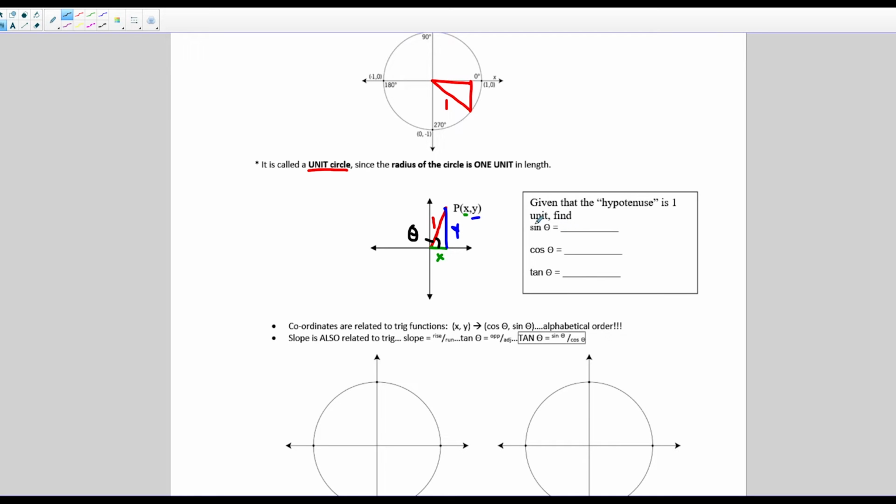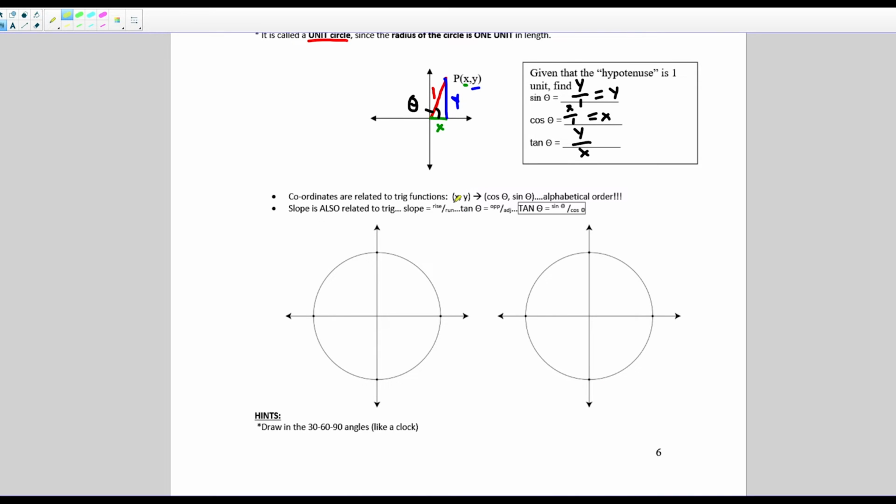Sine of theta means we're looking at opposite over hypotenuse. So opposite is y over 1, which is just y. Cosine of theta is going to be equal to adjacent over hypotenuse, so x over 1, which means that we have x. And tangent of theta is opposite over adjacent, which is y over x.